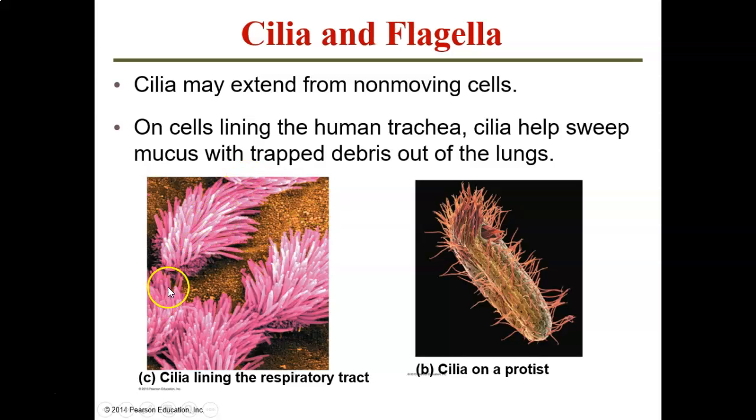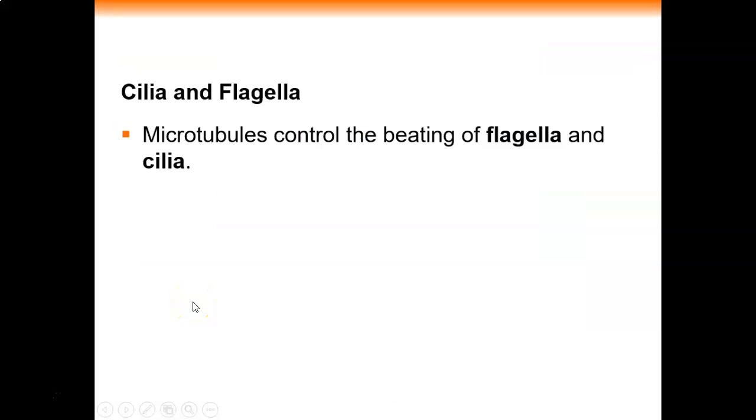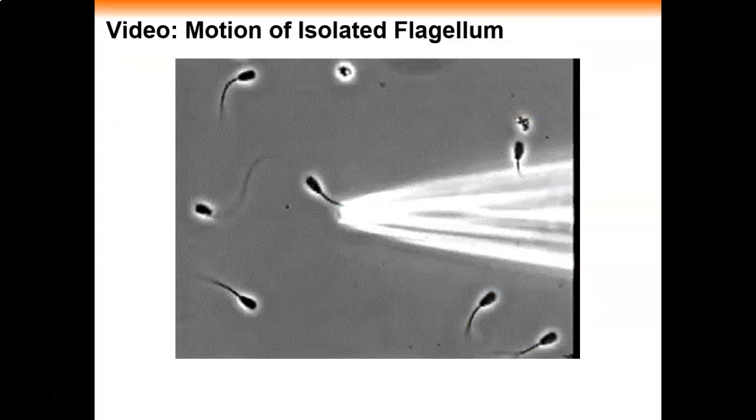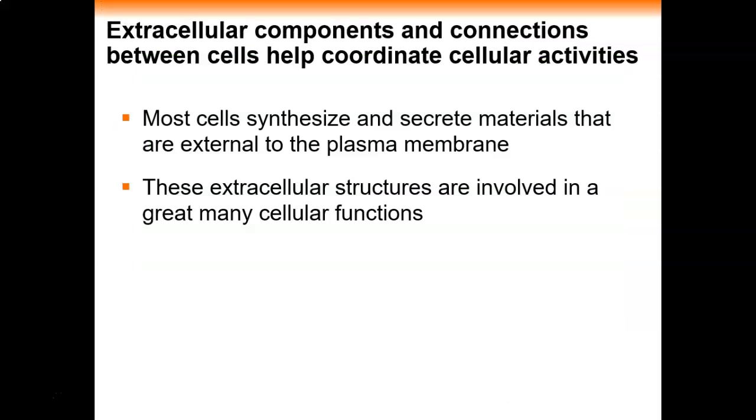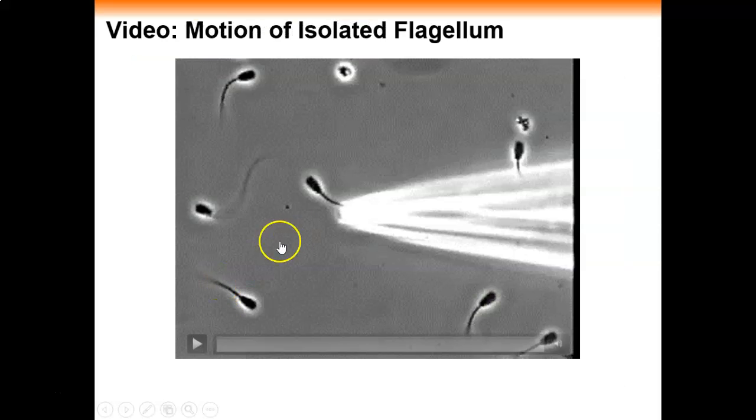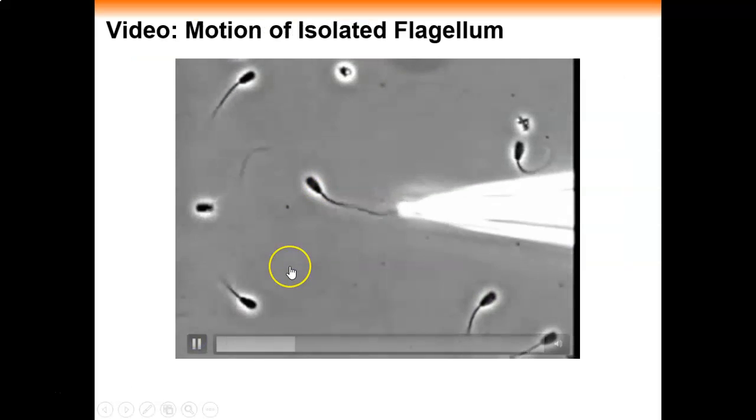So instead of the cell moving, it's all the stuff around the cell. This is great for our lungs, keeping all that gunk out. When you hock a loogie, what you're doing is getting all that debris that the cilia has swept up through your respiratory system. You can watch some of these fantastic videos, along with a link to some more recent data on how sperm are actually moving.